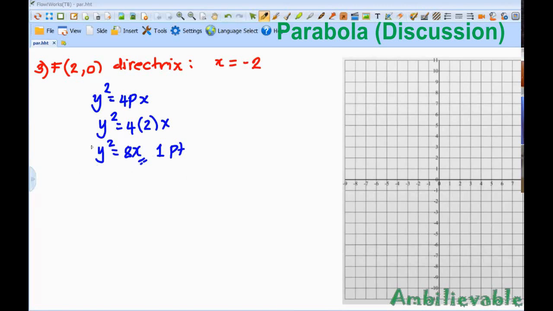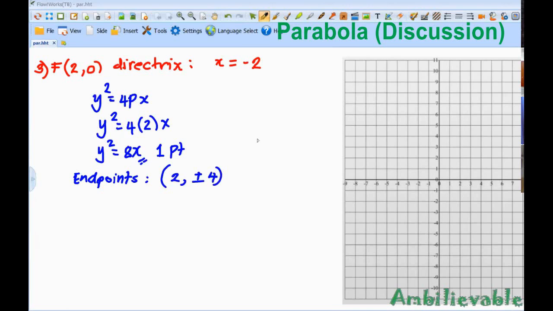Next, we will get our endpoints. Our endpoints, plus and minus, it should be p. P is 2, plus and minus 4.